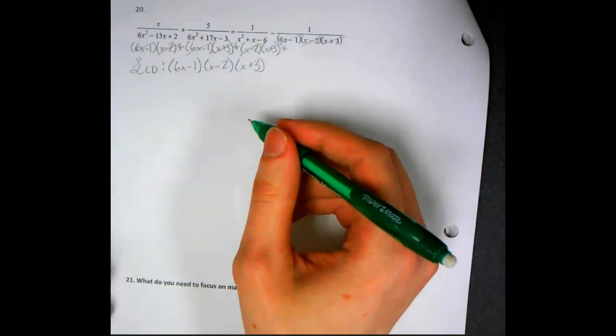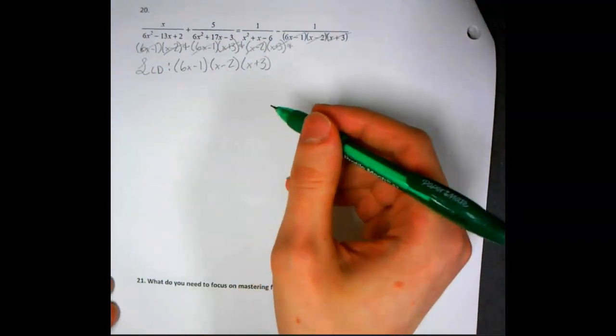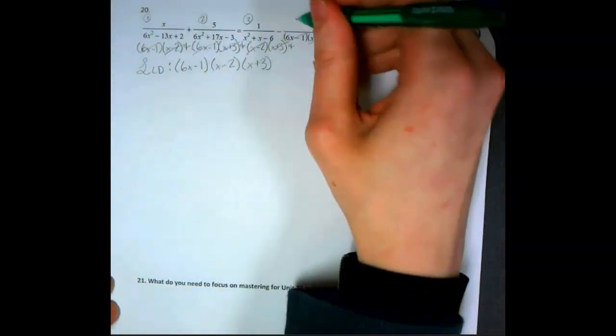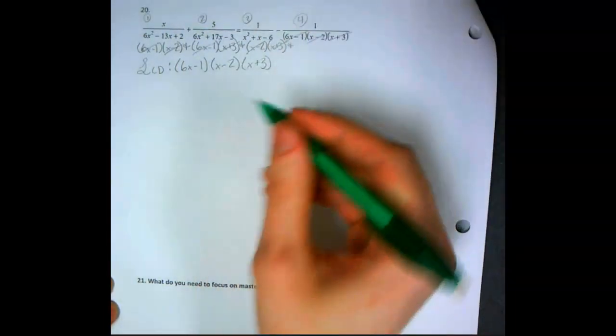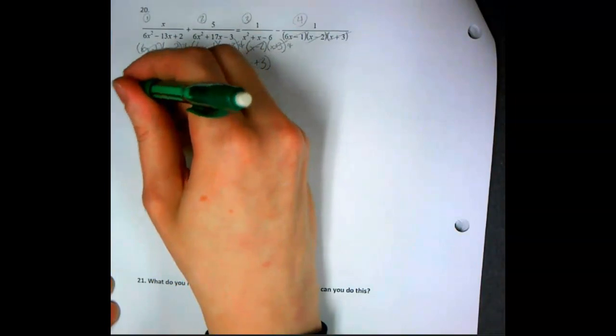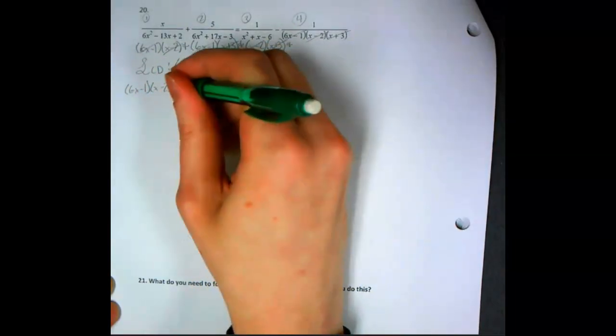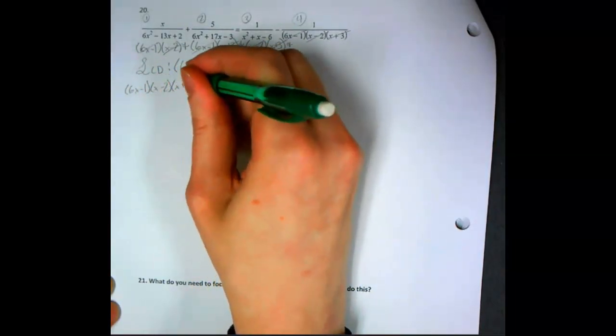Now we need to multiply this by each of our fractions. So we have our first, second, third, and our fourth. For our first fraction, we have x times (x minus 2)(x plus 3).